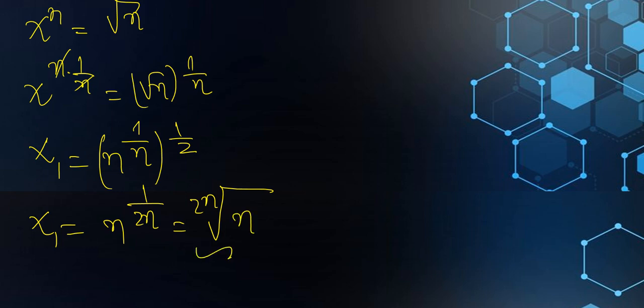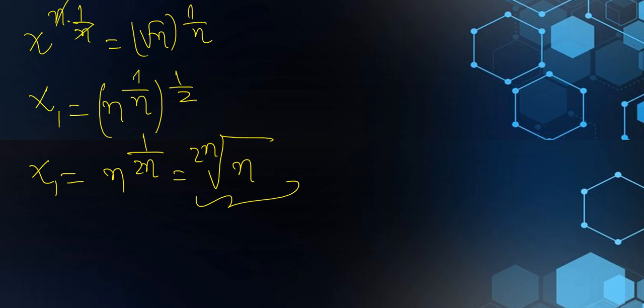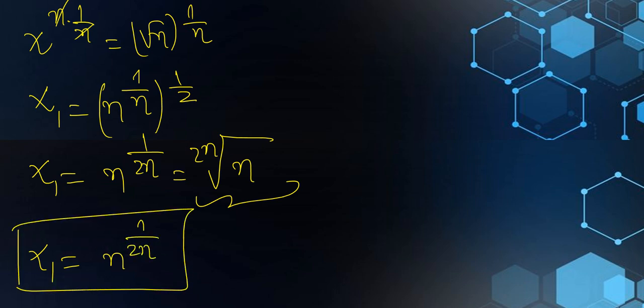This is the same thing, but I'm just going to say x1 is equal to n to the power of 1 over 2n. This is more interesting for me.